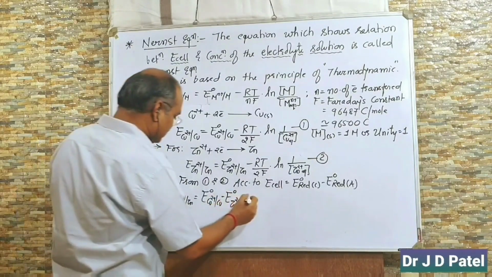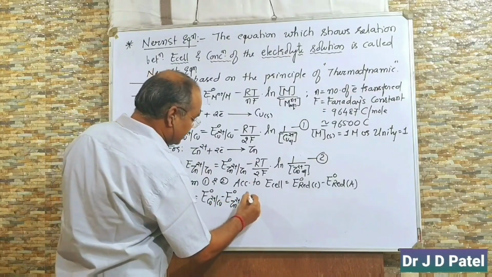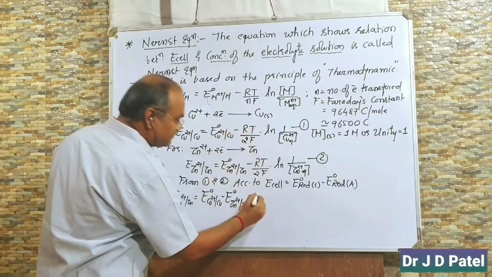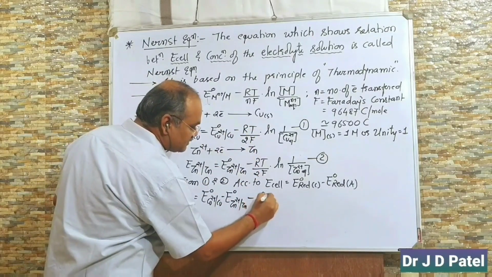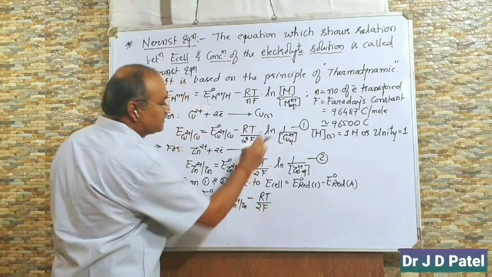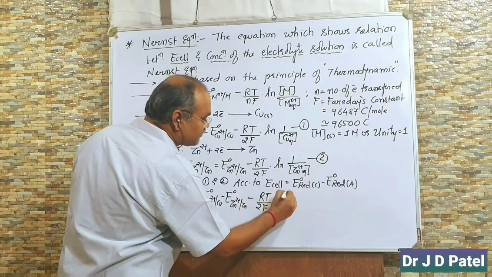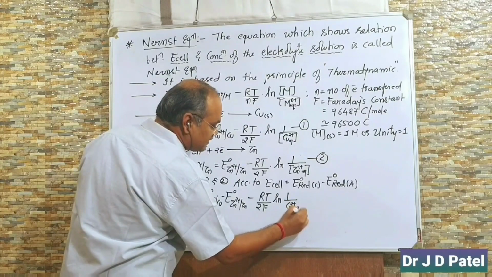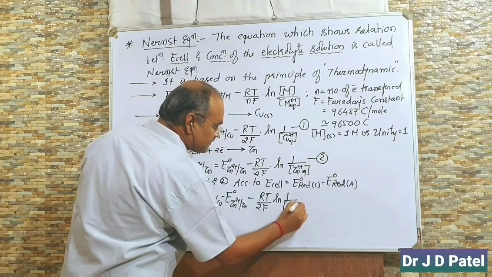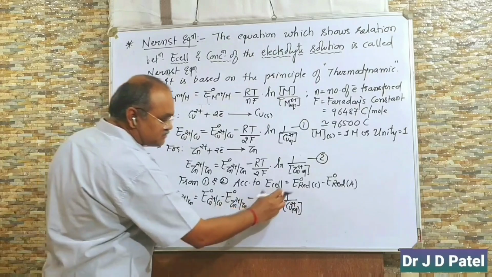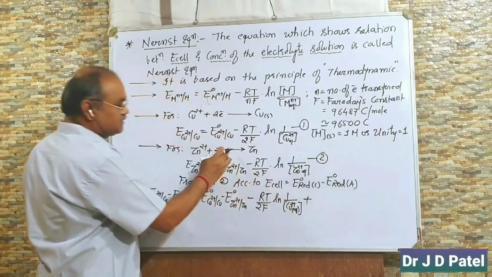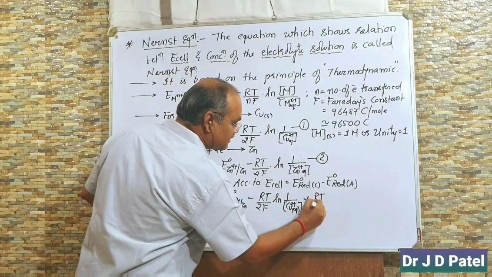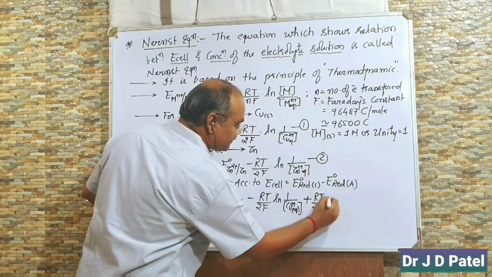Then minus RT by 2F ln 1 by Cu2 plus aqueous. Then this minus will become plus because here there is a minus sign. So minus plus RT by 2F ln 1 upon Zn2 plus.